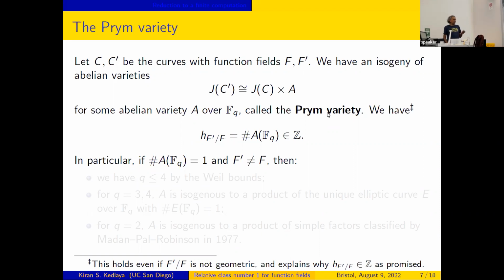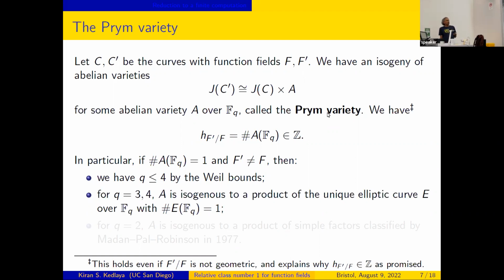And so we're interested in the situation where this group has order 1, and F prime is not equal to F. Well, that can't happen very often. It can never happen when q is at least 5, because the Weil bounds tell you that when you have a non-zero abelian variety over a finite field of order at least 5, then you get a lower bound greater than 1 for the number of points.